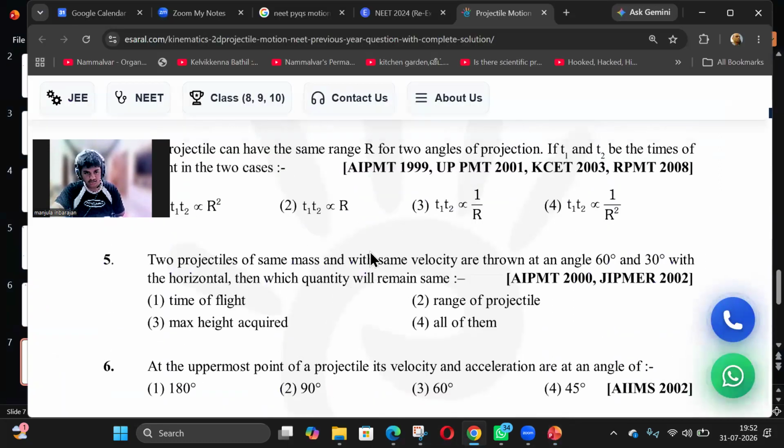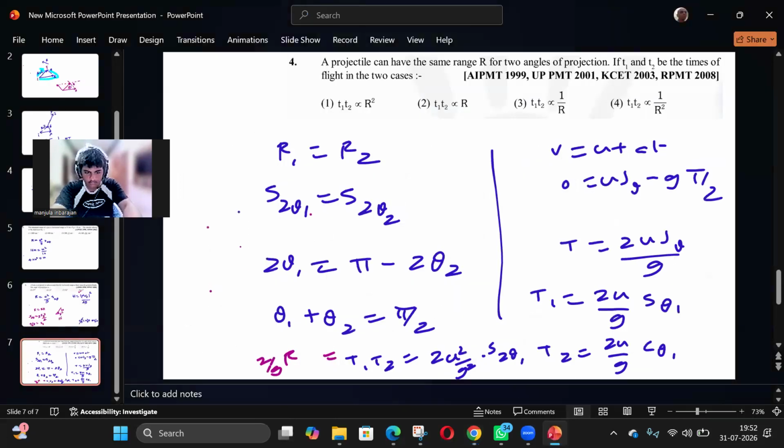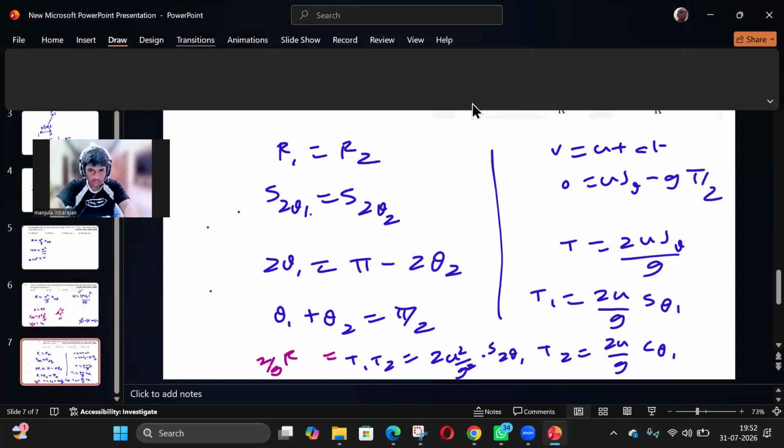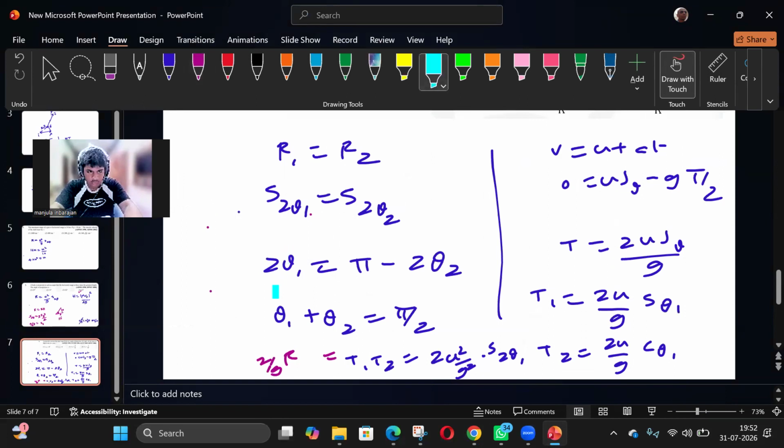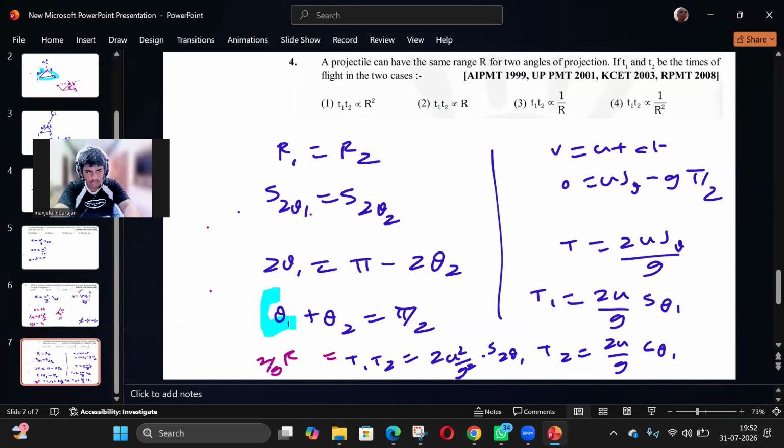More questions? This is based on the previous question. They're complementary angles, no? If the ranges are the same for two angles, then they're complementary angles. I guess theta 1 plus theta 2 should be 90.